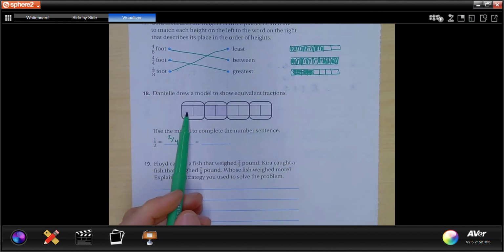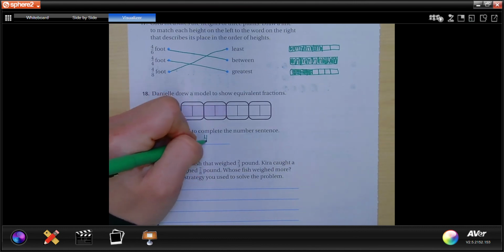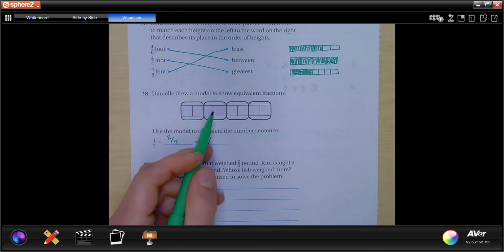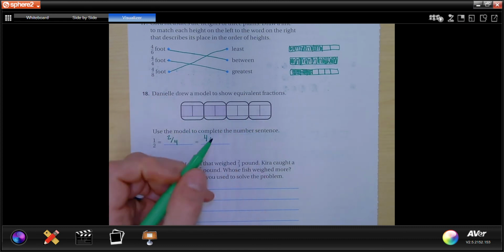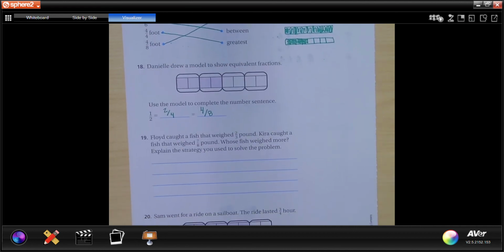And how many individual pieces are shaded? How many units are shaded? 1, 2, 3, 4 are shaded out of how many total? 1, 2, 3, 4, 5, 6, 7, 8. So we know that 1/2 is equal to, or equivalent to, 2/4, which is equivalent to 4/8.